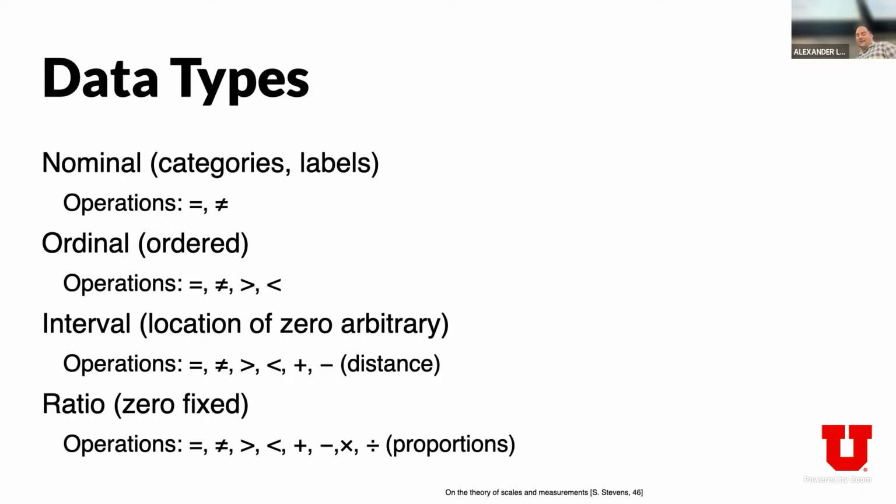For interval data types, where the location of the 0 is arbitrary, we can measure equality, compare the size, and do additions and subtractions. And for ratio, where we have 0 fixed, we can do all of the operations that we are familiar with: test equality, make comparisons, do addition, subtraction, multiplication, and division.